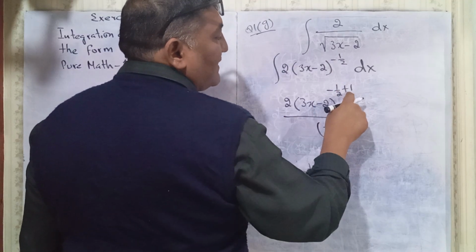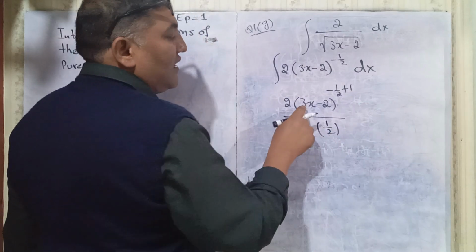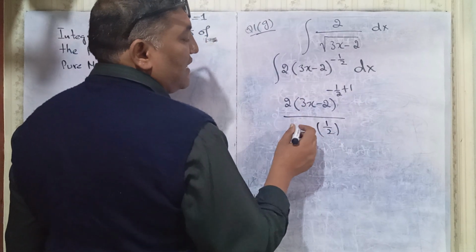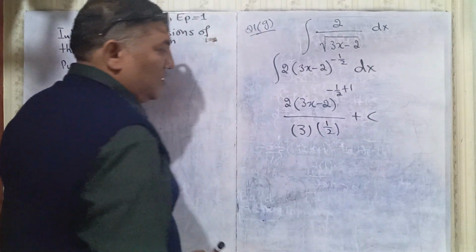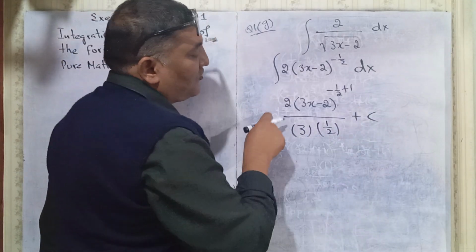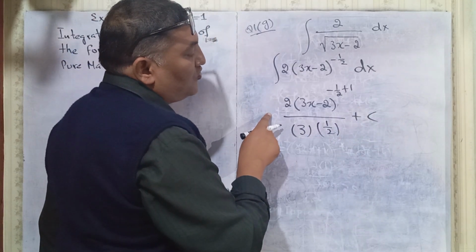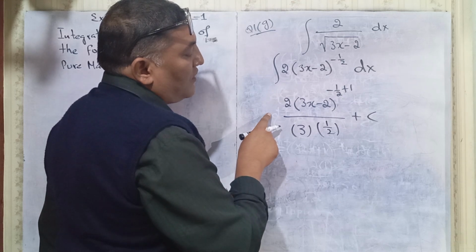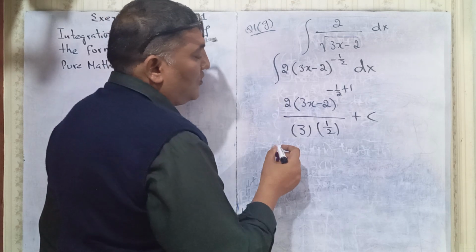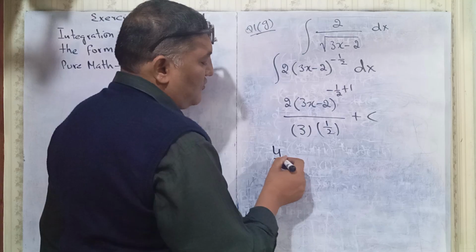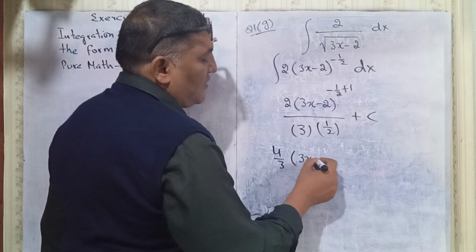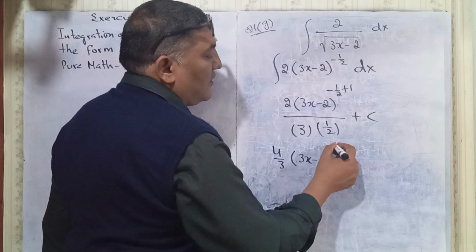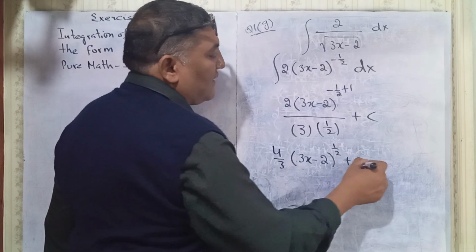You divide by whatever is the answer here, and whatever is the number with the x, you divide. Plus c. So when you write upstairs, this will become 2 into 2, which is 4. This will become 4 by 3 into (3x minus 2) raised to power 1 by 2 plus c.